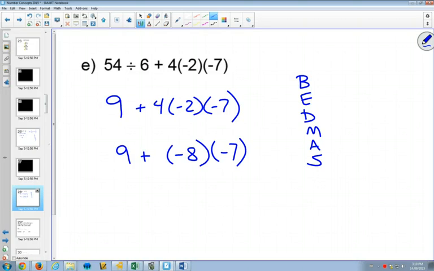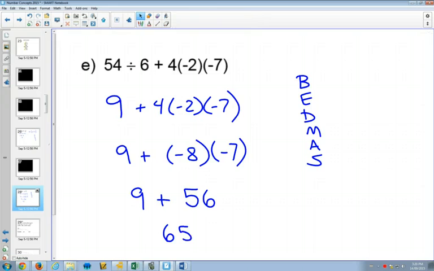What is negative 8 times negative 7? 56. And then finally adding 9 plus 56, 65. We're going to check to see if this is the same on our calculator.